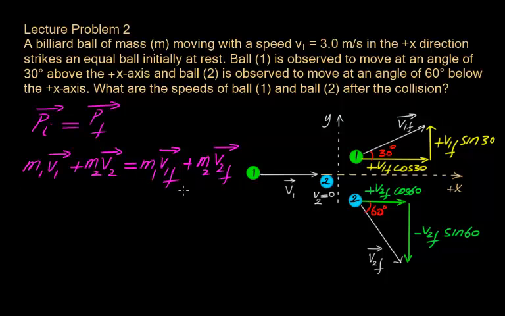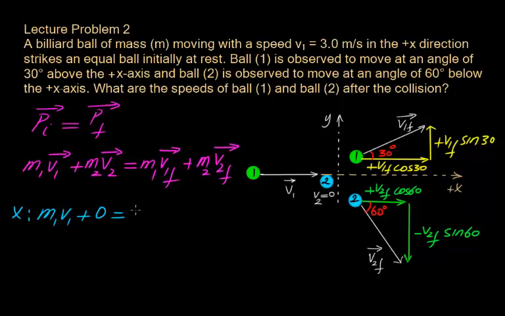Notice that in my conservation of momentum equation, I have two unknown velocities, v1 final and v2 final, and that's the reason why I had to involve the angles while breaking the vectors into components. As a result, the x component of this conservation of momentum equation is the following. m1 v1 has an x component only, and it is positive m1 v1. m2 v2 is equal to 0 because ball number 2 is at rest before the collision.